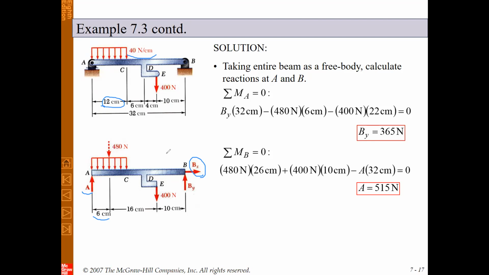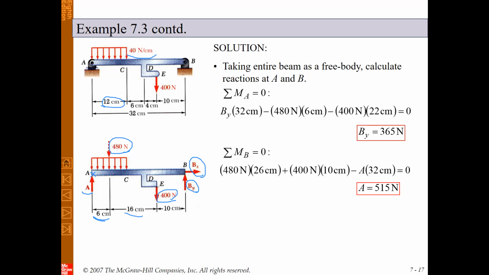If you write the moment equation about point A, we will have a moment due to this force, 480 Newton multiplied by its arm. We have one moment due to this force, 400 Newton multiplied by its arm, which is 6 plus 16. And finally, we have one moment due to By multiplied by its arm, which is 6 plus 16 plus 10.